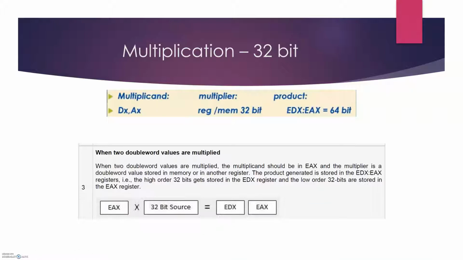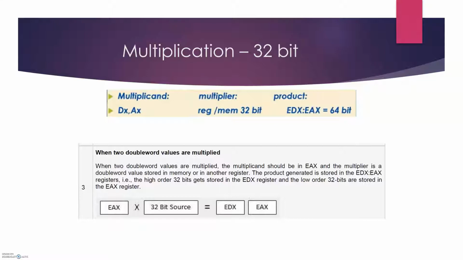Multiplication in 32-bit. In 32-bit, our multiplicand is EAX, our multiplier is 32-bit in size, and our product is EDX EAX, which is 64-bit. When two double word values are multiplied, the multiplicand should be in EAX, and the multiplier is a double word value stored in memory or in another register.